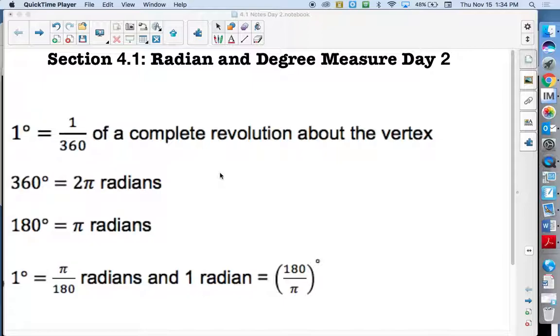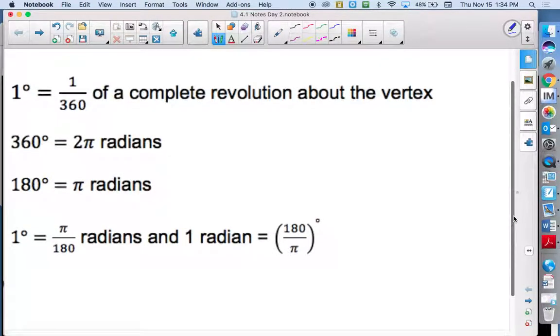People would probably look at you crazy if you did that, but hey, why not? The next one, 180 degrees is equal to pi because 180 is half of 360, pi is half of 2 pi. So taking that information into account, we can then say that 1 degree is pi over 180 radians.